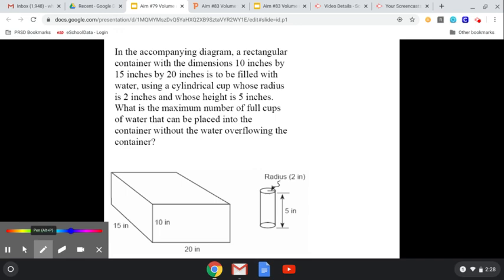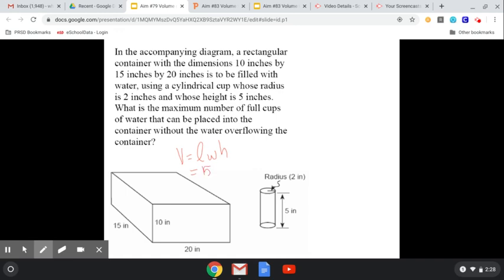The difference was they told us how much each bottle of water could hold, so we didn't have to figure that out. We're going to have to figure out both of the volumes in this one and then do some work from there. So let's start first with the tank. This tank here is volume equals length times width times height because it's a rectangular prism.